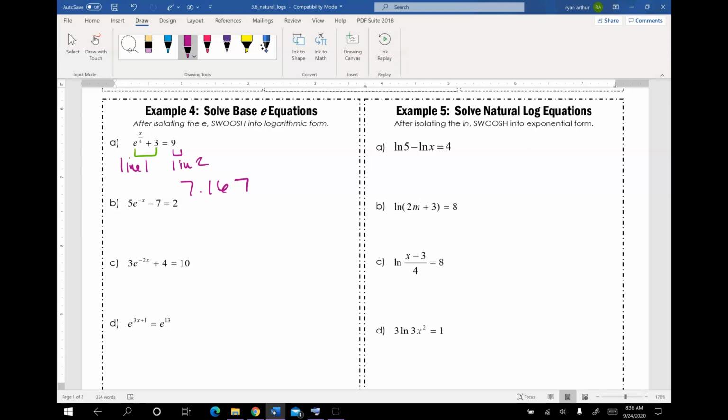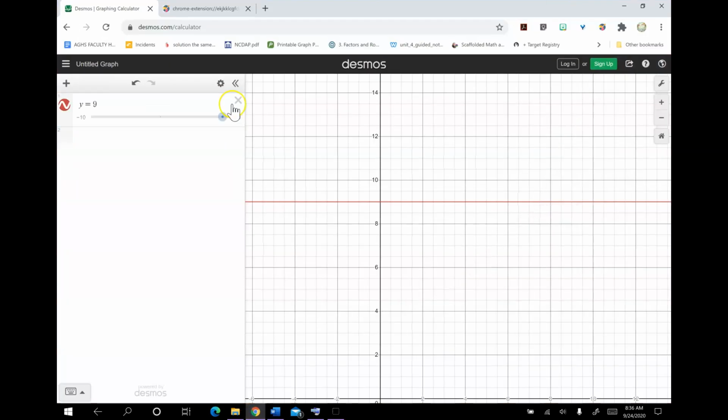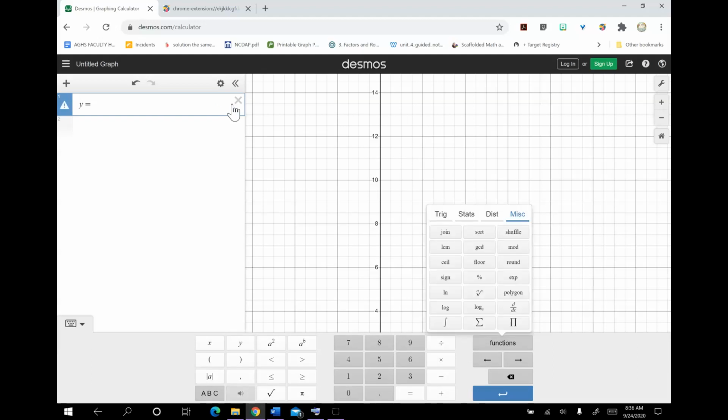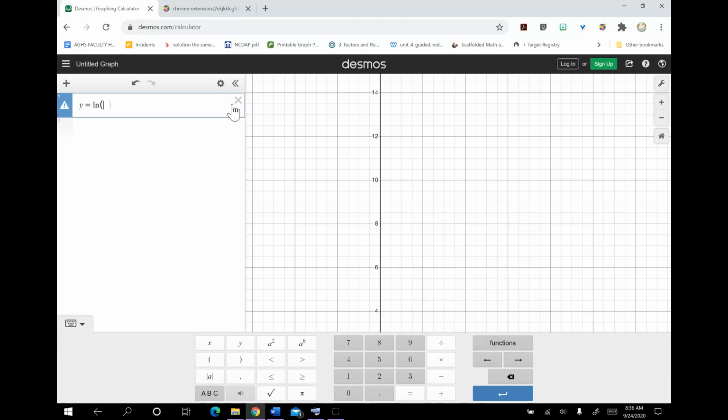So over here, the left-hand side line 1, right-hand side line 2. Okay, this is going to be the last one I'm going to do. So I think we get the picture. ln of 5 minus ln of x is equal to 4. All right, let's go. Exit. Now, let's see, y equals, I think ln, there it is, ln's right there in functions also.